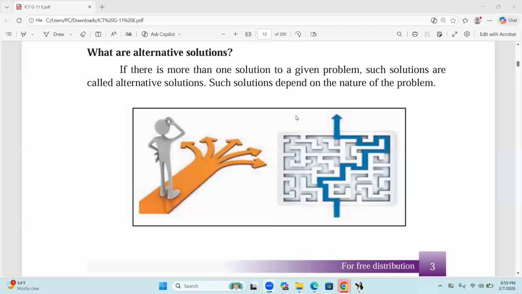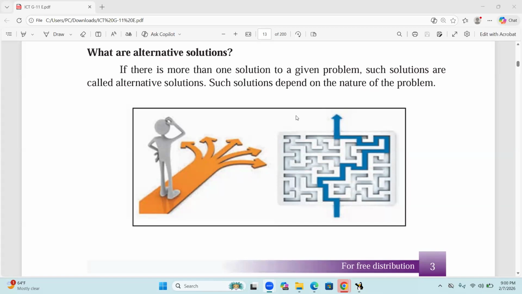We'll see. When we analyze a problem, when we think of the solution method for a problem, there can be a number of solution methods. So that is alternative solutions.